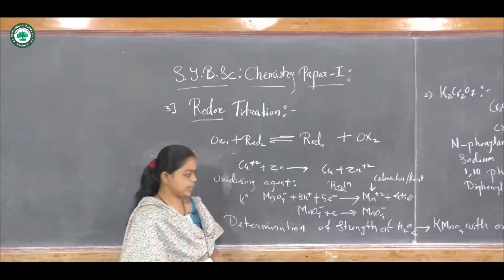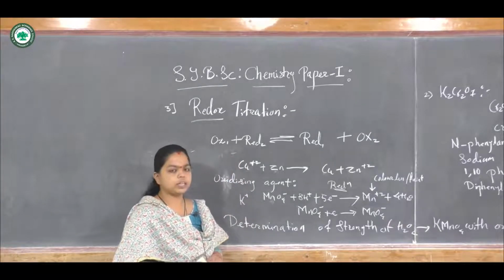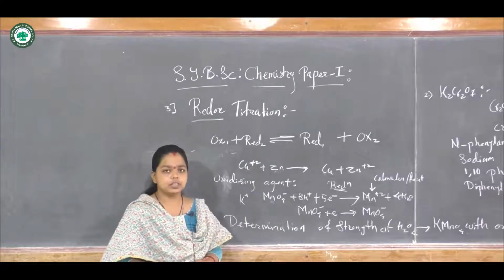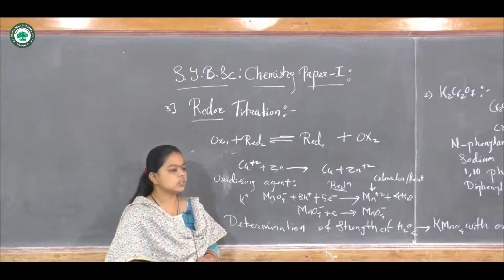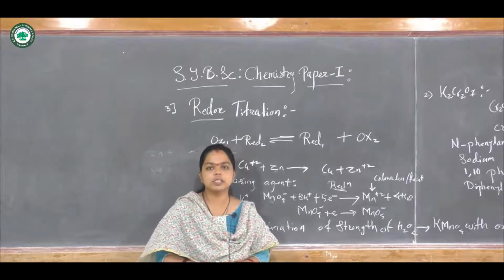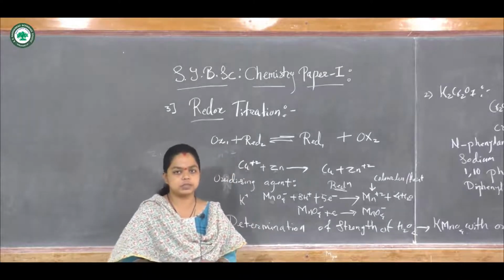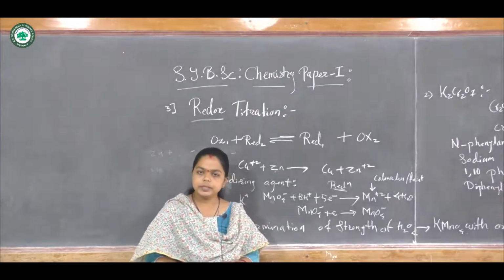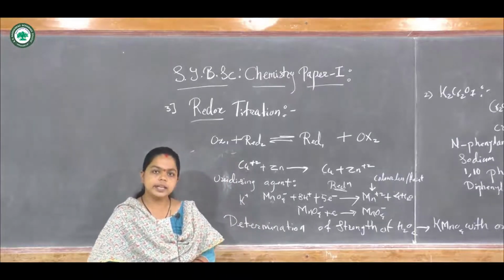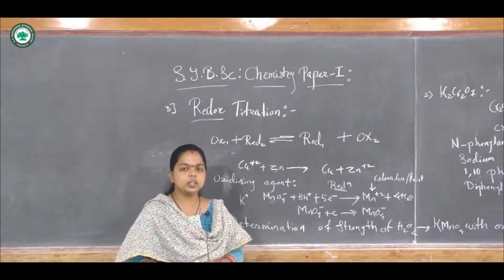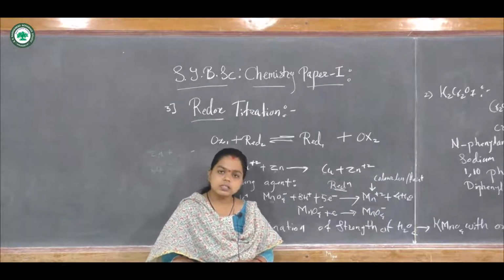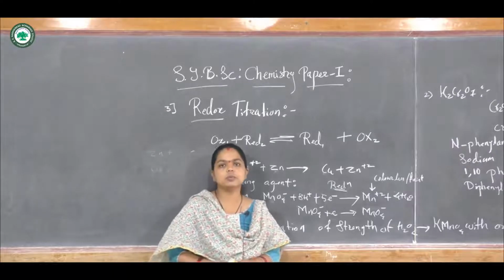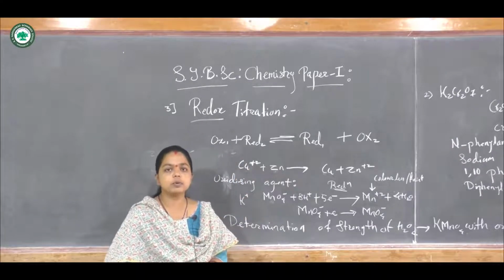But in some cases, instead of KMnO4, potassium dichromate is generally used. This is because KMnO4 is a secondary standard substance. We know that a secondary standard substance cannot be used directly. They are less stable and will not exist in the pure form.